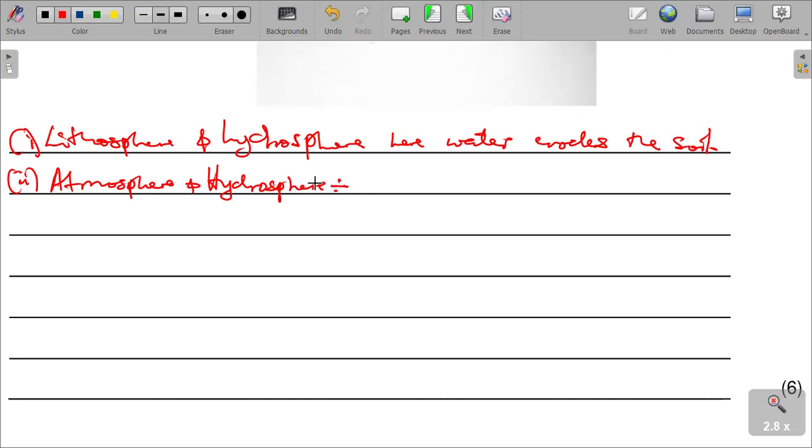Here, what you need to understand is that water evaporates from the oceans and water bodies, becoming water vapor in the atmosphere.